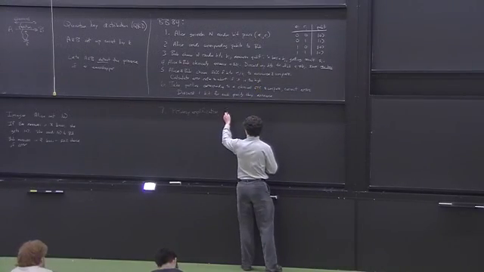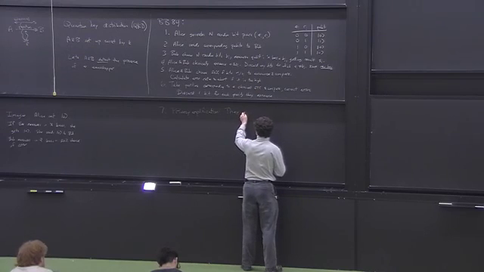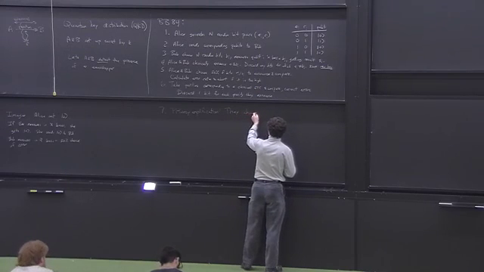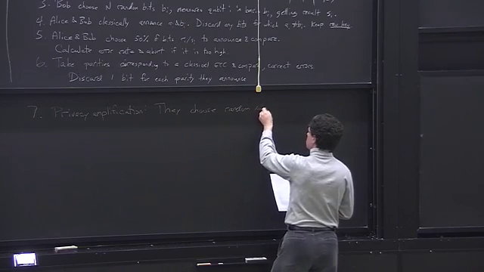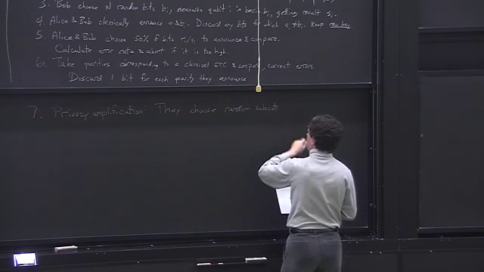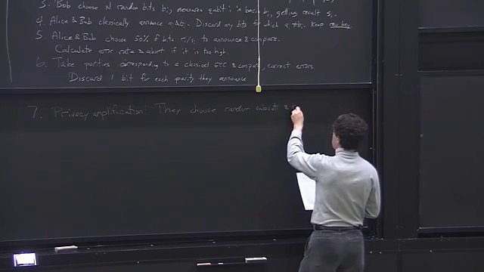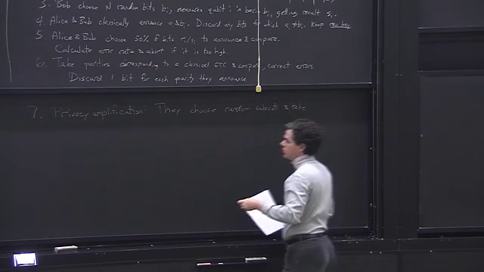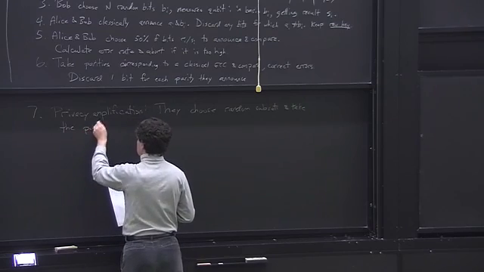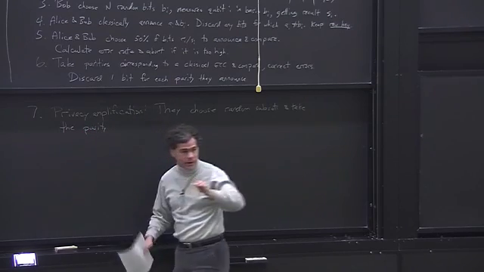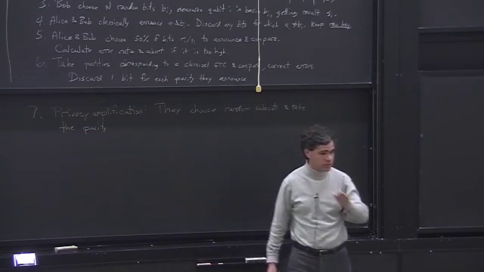So they choose random subsets and take the parity. They don't announce these parities, unlike the previous step.